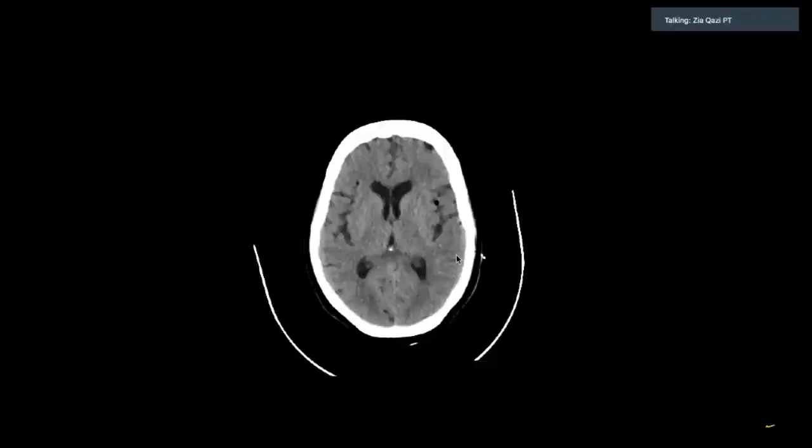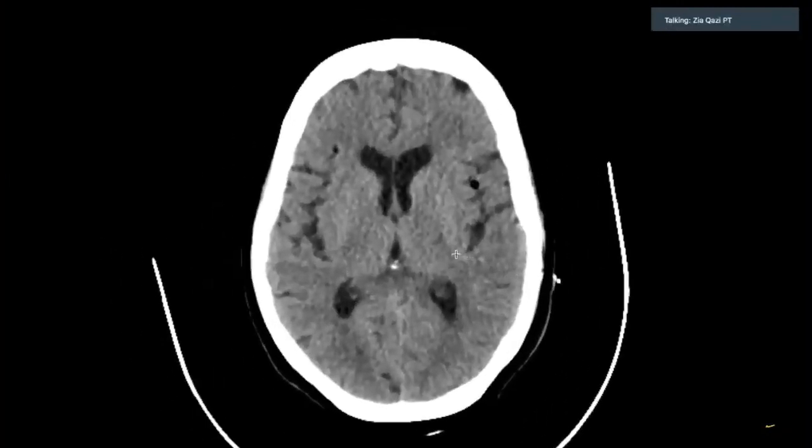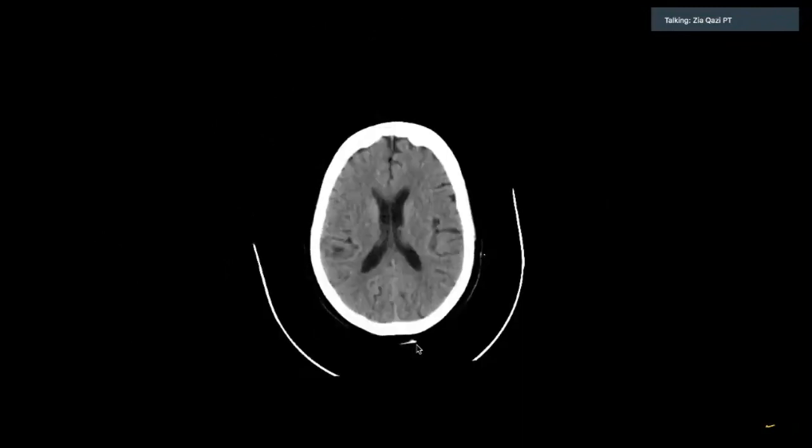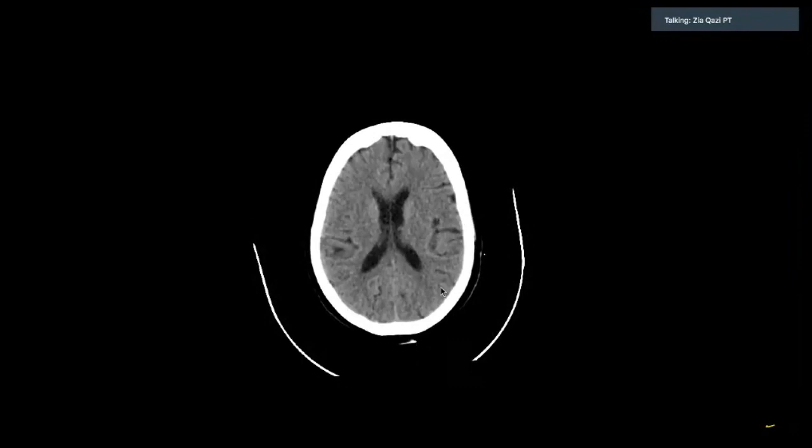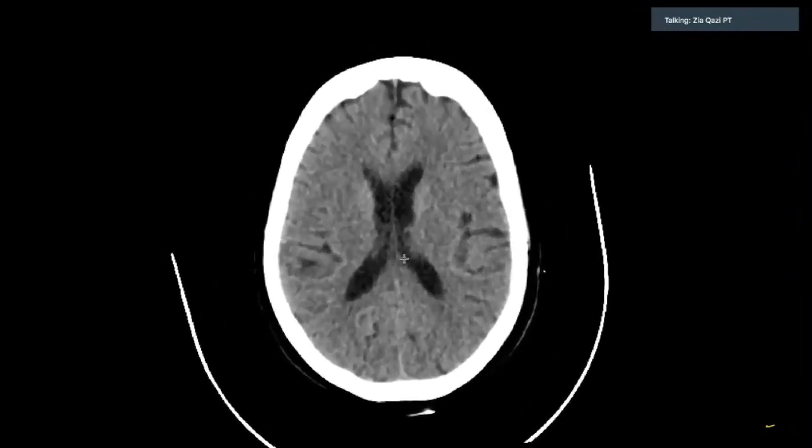A section above, here you can see the ventricles forming more clearly. The midline is still intact, the frontal lobes, temporal lobes, occipital lobe, and the ventricles. As you go above and above, you can see that the ventricles form into kind of a butterfly shape. This is how ideally it should look. The midline is intact in the middle. At this section where the ventricles are formed, it is more temporal and parietal.